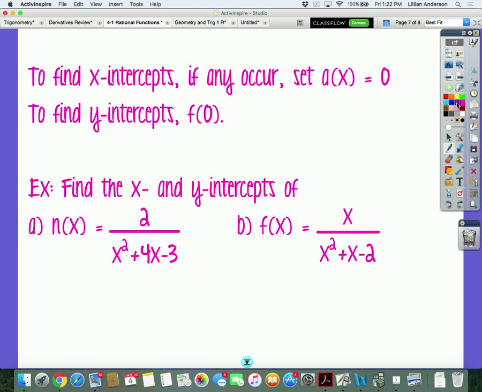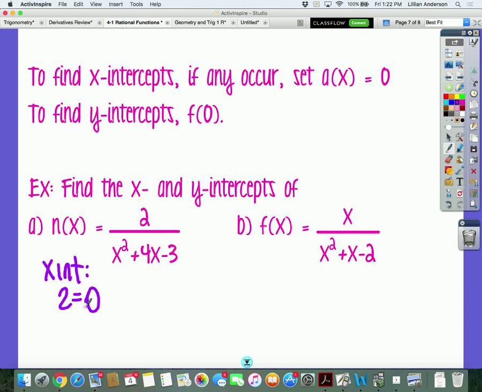I'm going to do one with you, and then you'll do the other one on your own. Now, normally to find an x-intercept, you set y equal to 0. Realize that when you set y equal to 0 of any rational function, your first step is to multiply by the denominator. Well, 0 times anything is always 0, so you're just left with the numerator anyway, just to save you some time. So to find my x-intercept, we'll set 2 equal to 0.